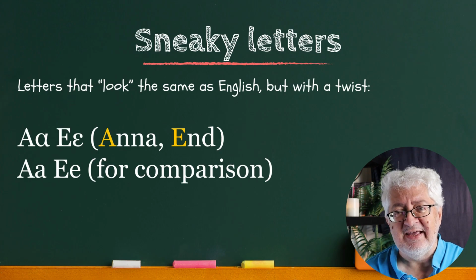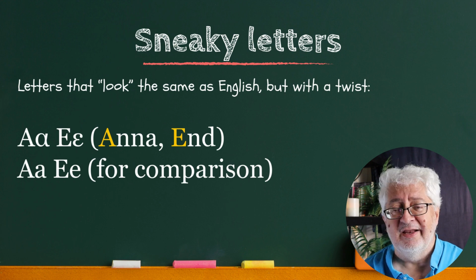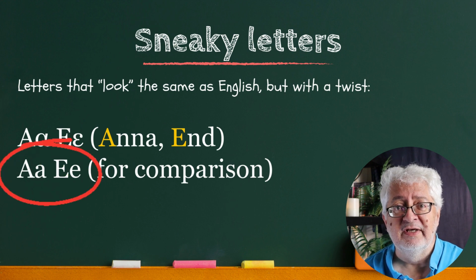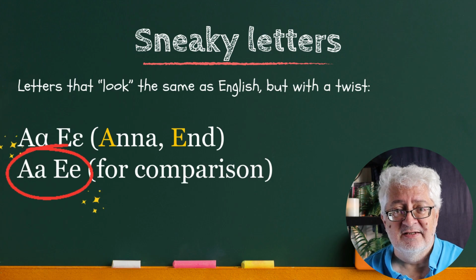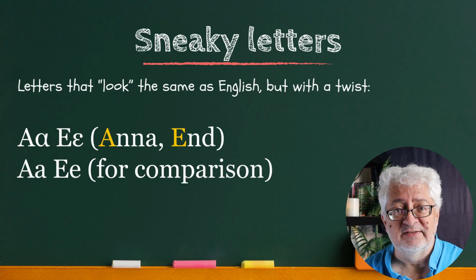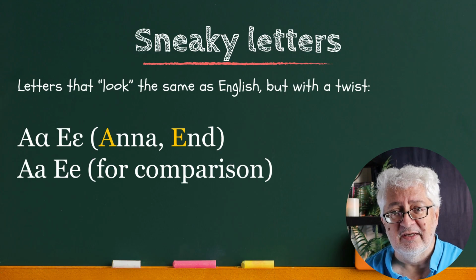So these are not A and E like in English, they are really A and E. And if you look at how they are written, I put the English ones below for comparison, you will see that the capital letters look the same like the English ones, but the small ones look subtly different, and you have to be careful to write them in the right way.